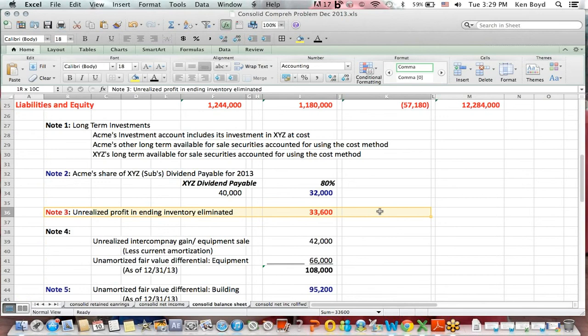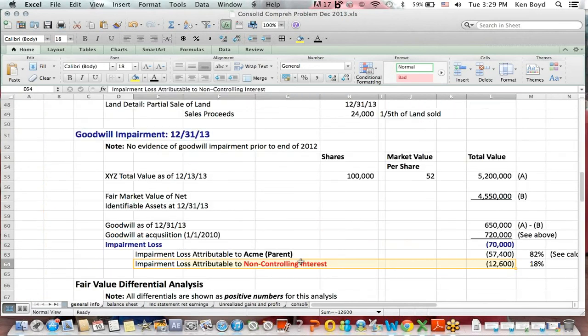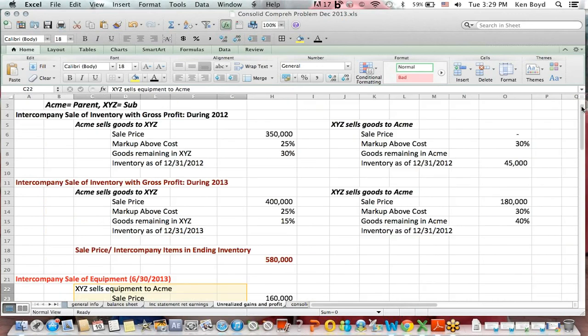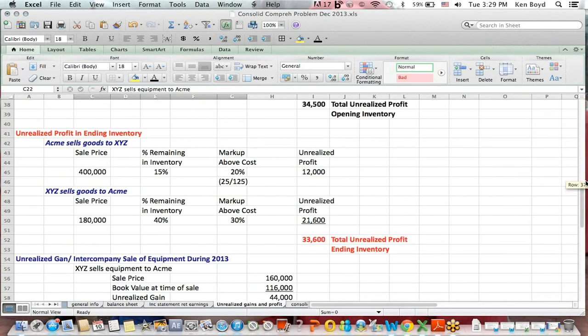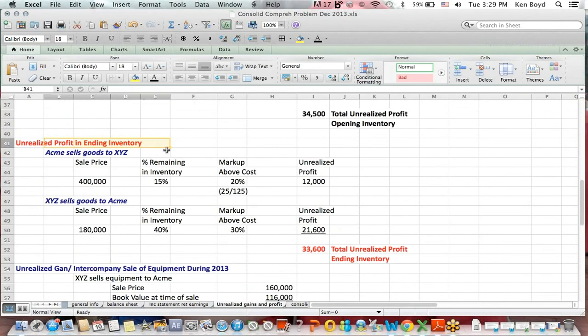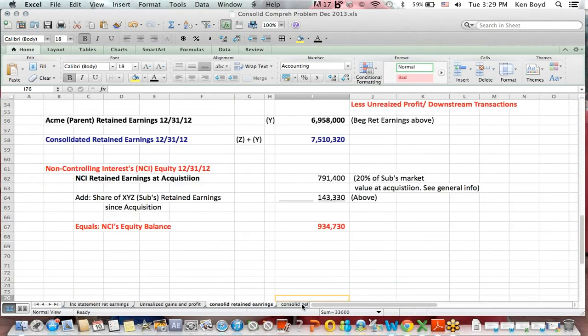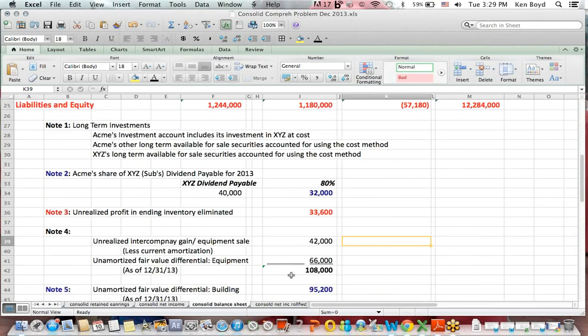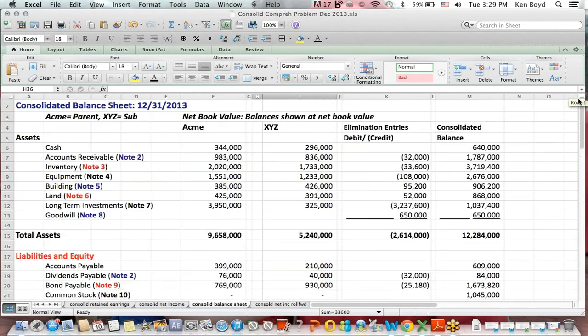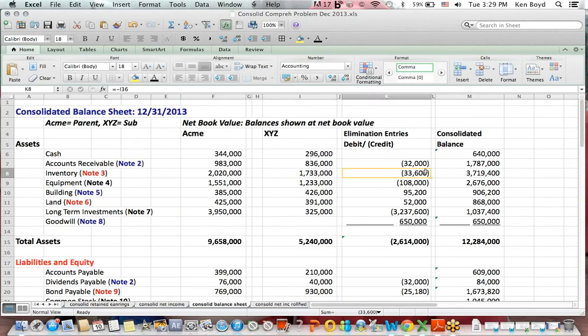That's the unrealized profit in ending inventory, that closing inventory that gets eliminated. If I go back over here to unrealized gains and losses, and I go down to ending inventory, there's the $33,600. That's what's getting eliminated in the balance sheet right here and getting eliminated right here.